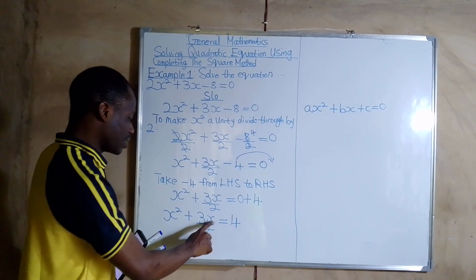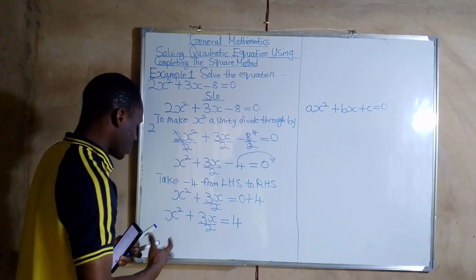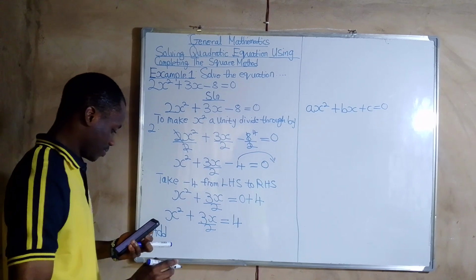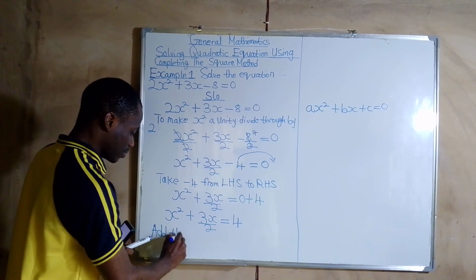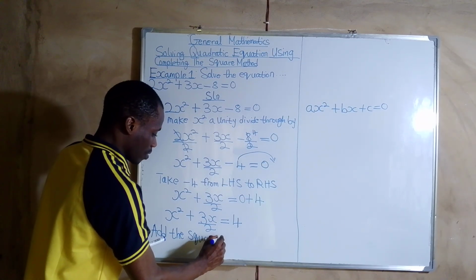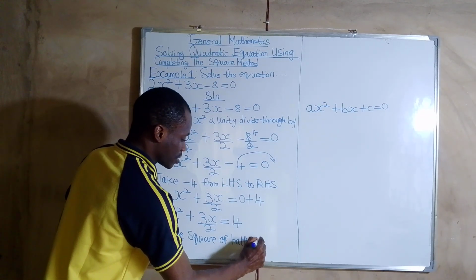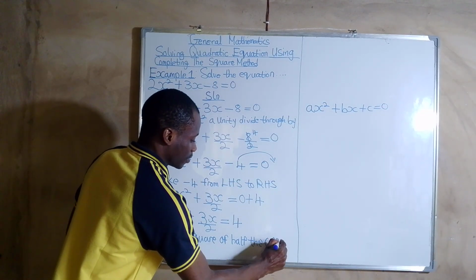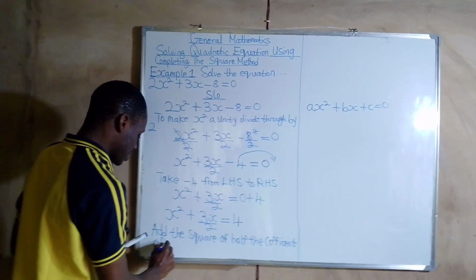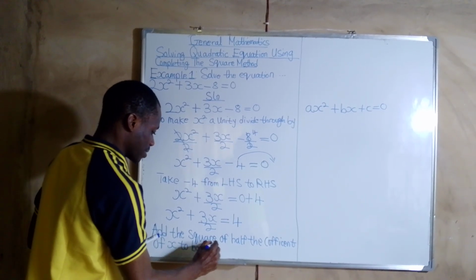For example, this is x, while this one is x squared. So you say add the square of half the coefficient of x to both sides of the equation.